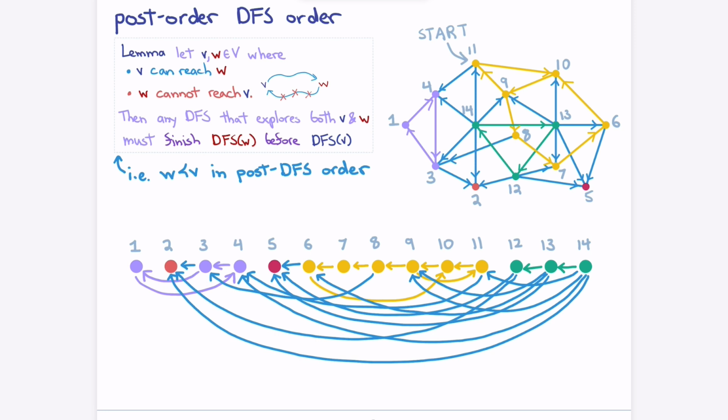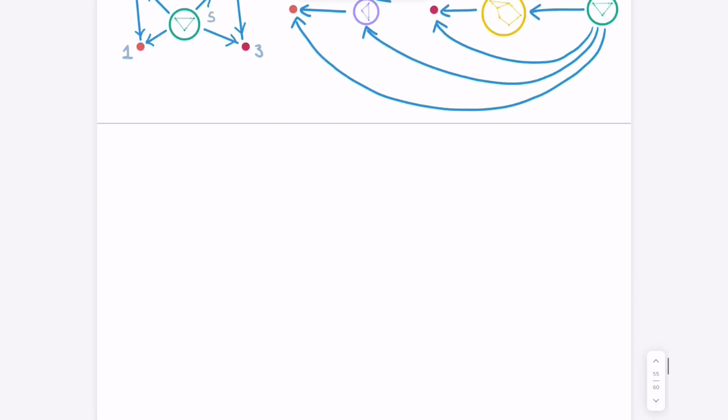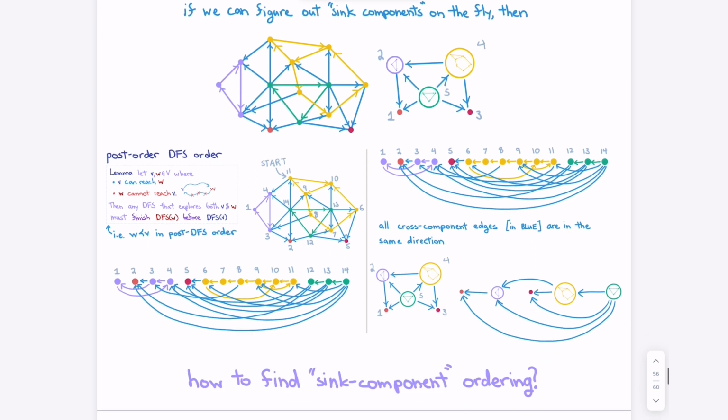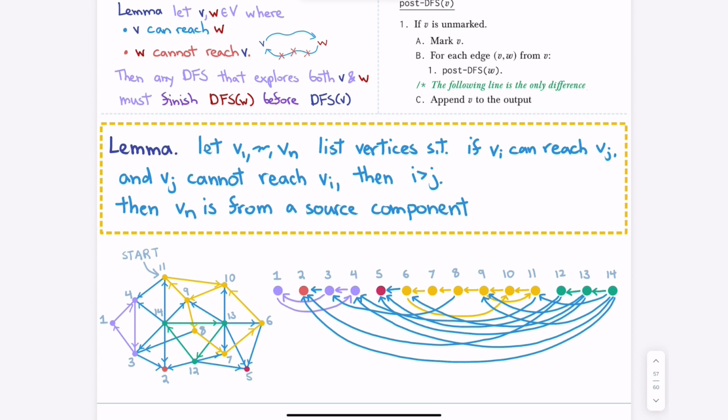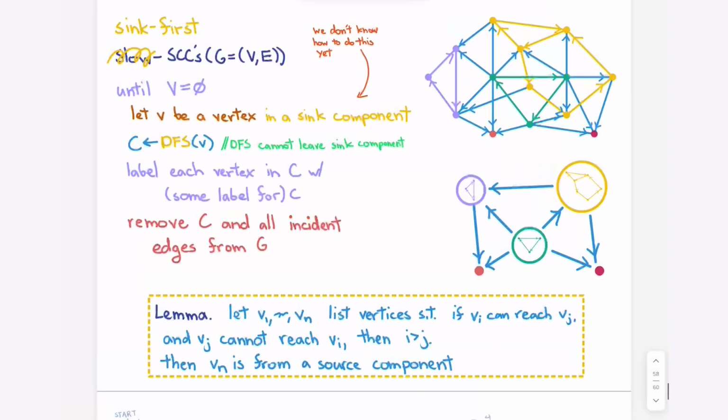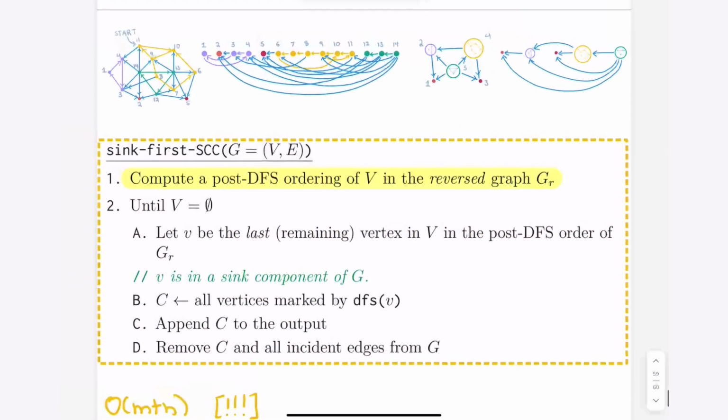And reverse it. Okay, it sounds like a song. So that's what we're going to do. Okay? So we are guaranteed from this lemma we did earlier that post DFS will always put a source vertex at the end. Okay? So if we wanted a sink, we'll reverse the graph and do it. So that is ultimately the algorithm.